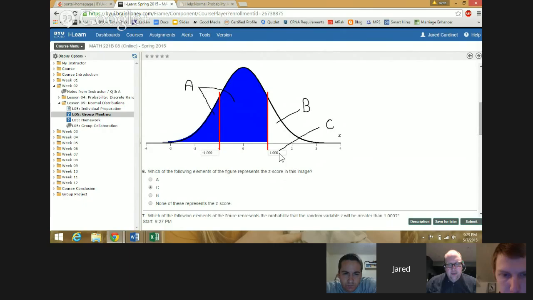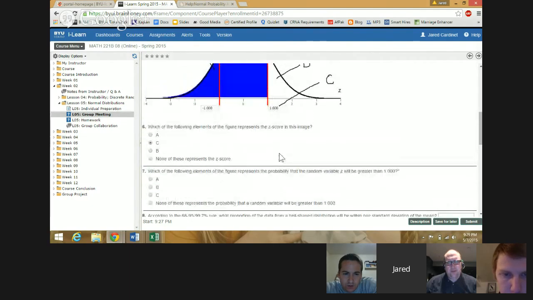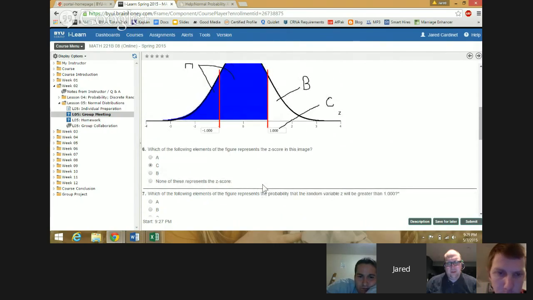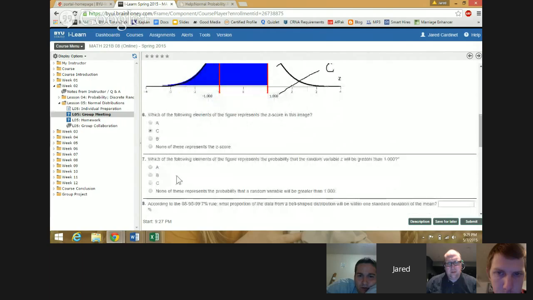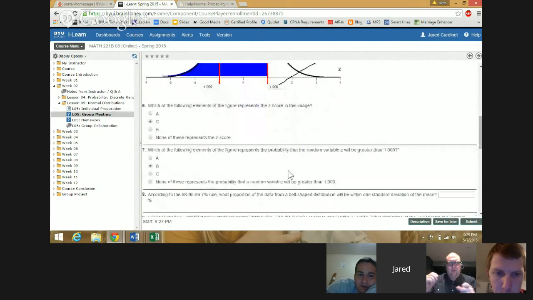Is that C? Yes. Oh, C for Charlie. Which of the following elements of the figure represents the probability that the random variable z will be greater than 1.00? I don't think it's any of those, is it? Bravo. Right?